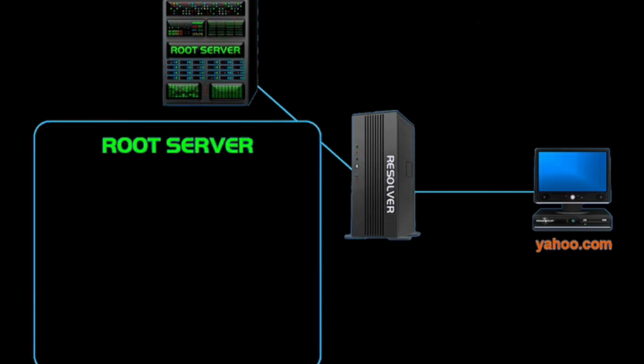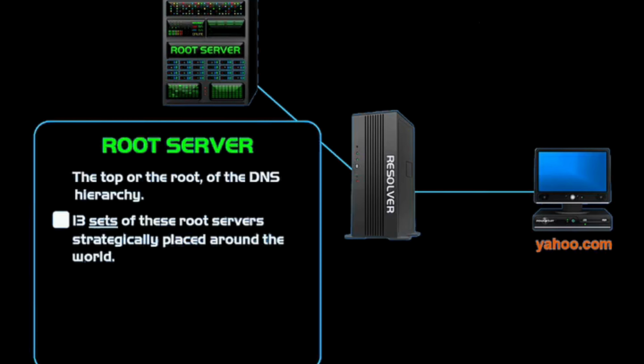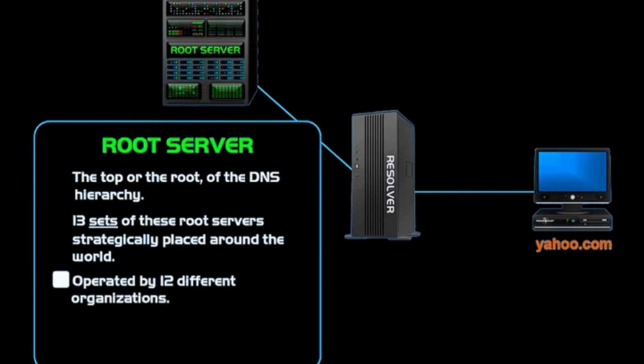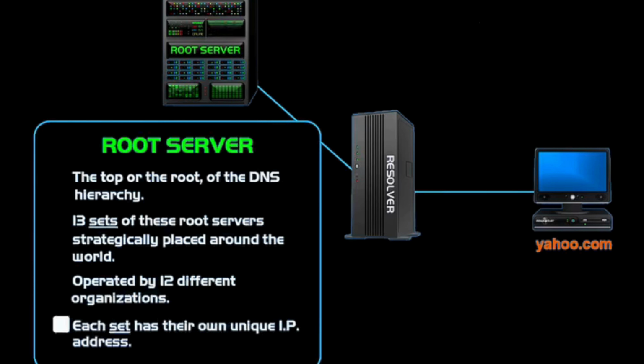The root servers are the top or the root of a DNS hierarchy. There are 13 sets of these root servers, and they are strategically placed around the world, and they are operated by 12 different organizations. And each set of these root servers has their own unique IP address.